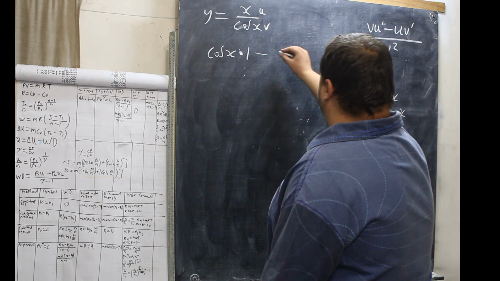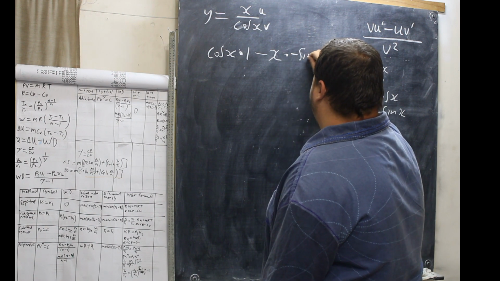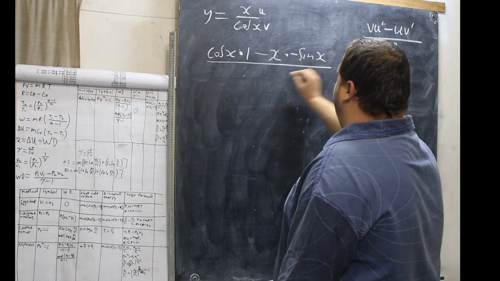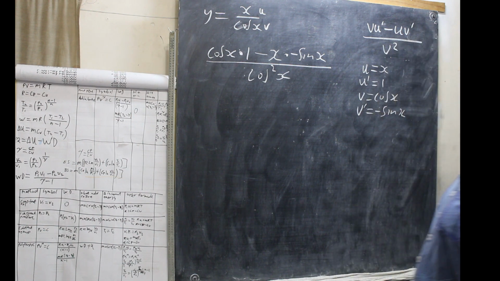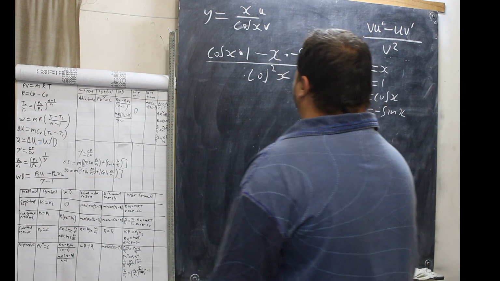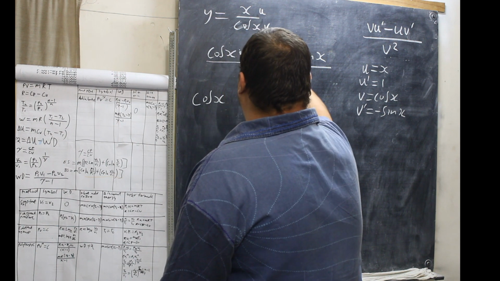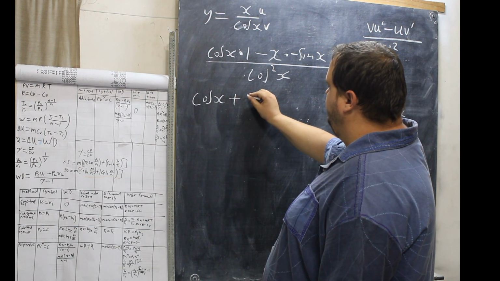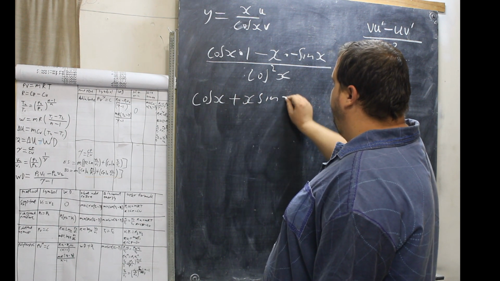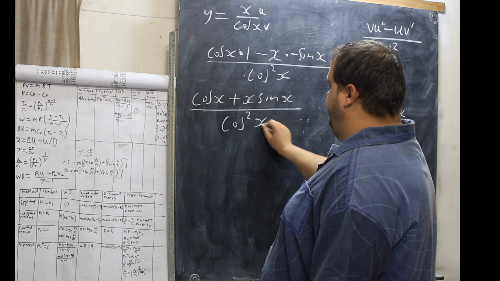So then we have u, which is x, times minus sine x, all over cos squared x. So, let's neaten this up. We have cos x. Now minus times a minus is a plus. So we plus x sine x all over cos squared x.